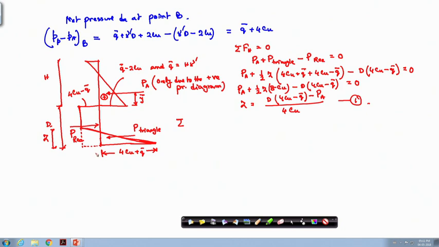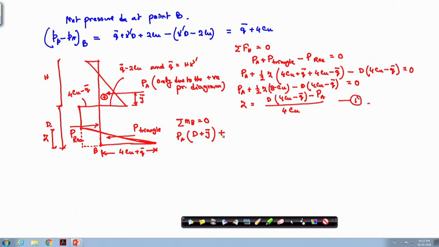Similarly, taking the summation of all moments about point B equal to 0, again there are 3 forces. This is P A, and its lever arm will be d plus y bar, because from this point the total is d plus y bar.